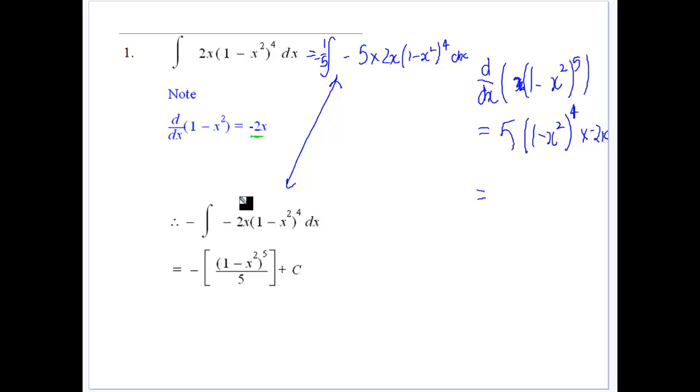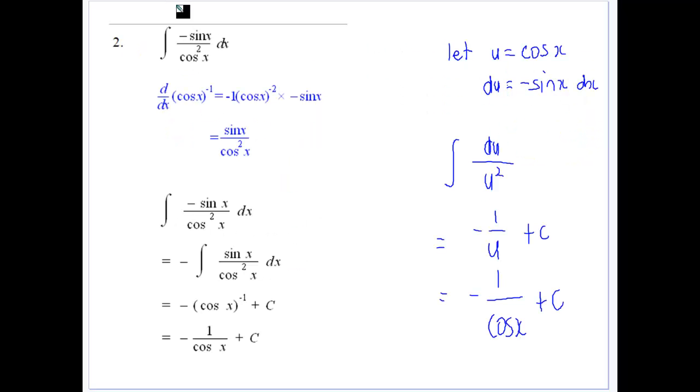And the derivative of that was just the minus 2x, which is already there. If I put the minus out the front, I'm reversing the chain rule: adding 1 to the power, dividing by the power as such, with a negative out the front. And that's when we get that reversal in that situation. We can also consider the 1/5 and the minus 5. We can do it that way as well to get the integration that we need to do there.